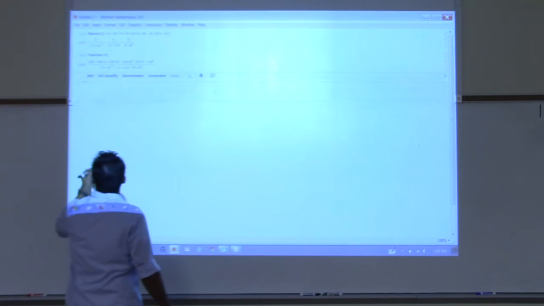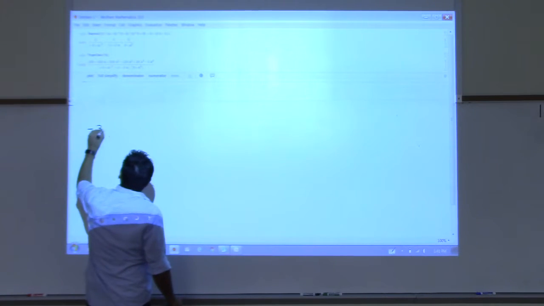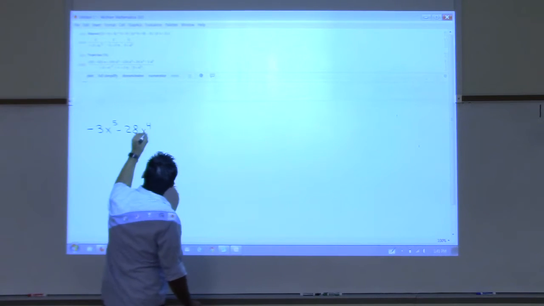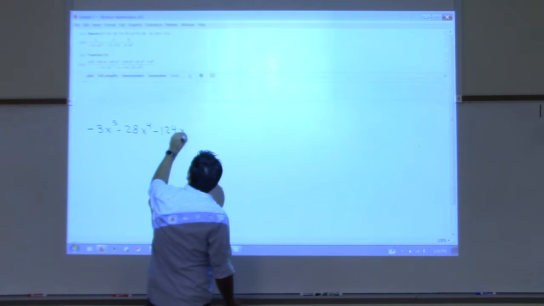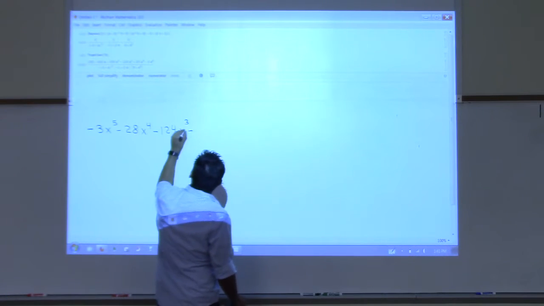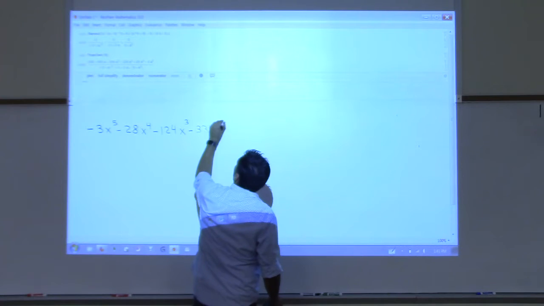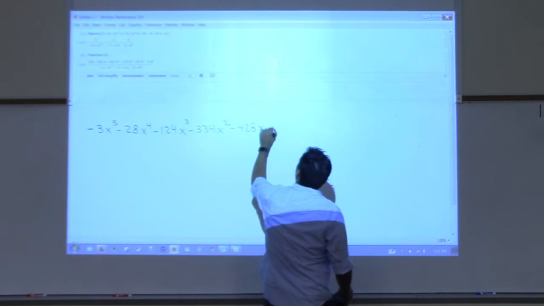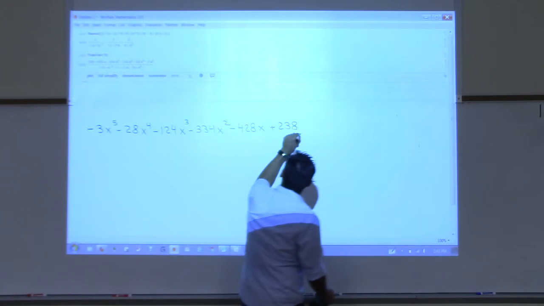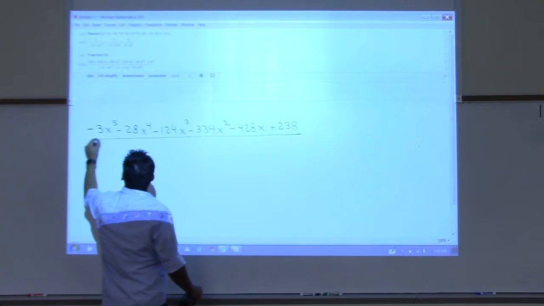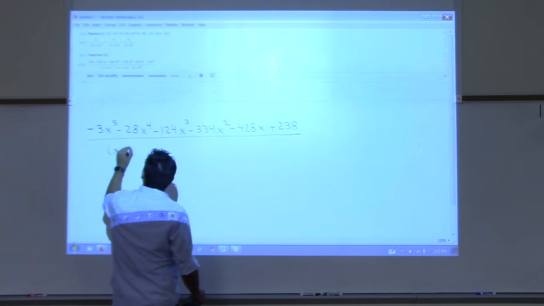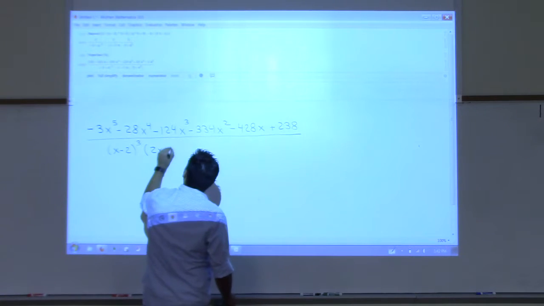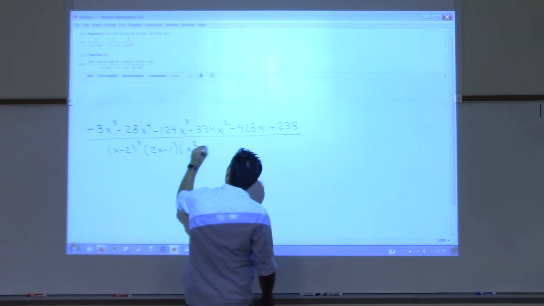We're going to do negative 3x to the 5th minus 28x to the 4th minus 124x cubed minus 334x squared minus 428x plus 238 over x minus 2 cubed times 2x minus 1 times x squared plus 9.